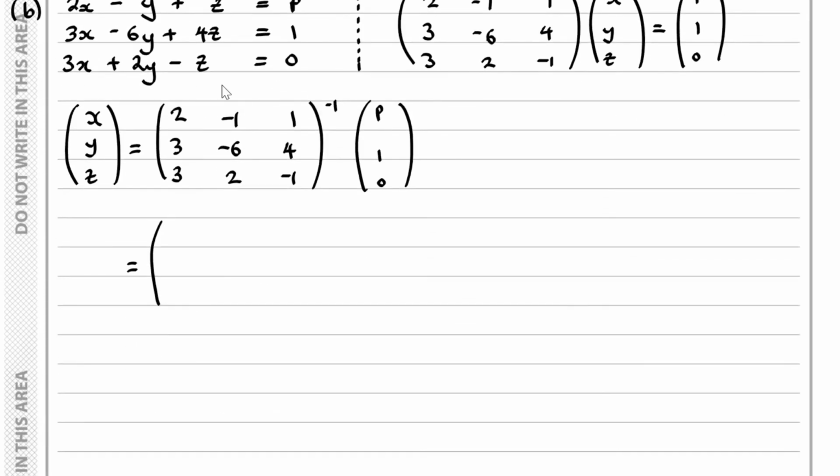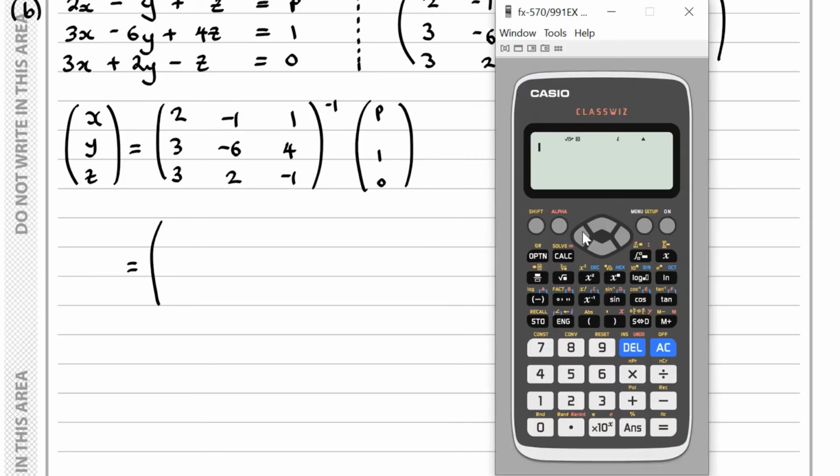So if we work out that inverse matrix, go to menu, matrix, we will define matrix A with 3 rows and 3 columns with entries 2, -1, 1, 3, -6, 4, 3, 2, -1.